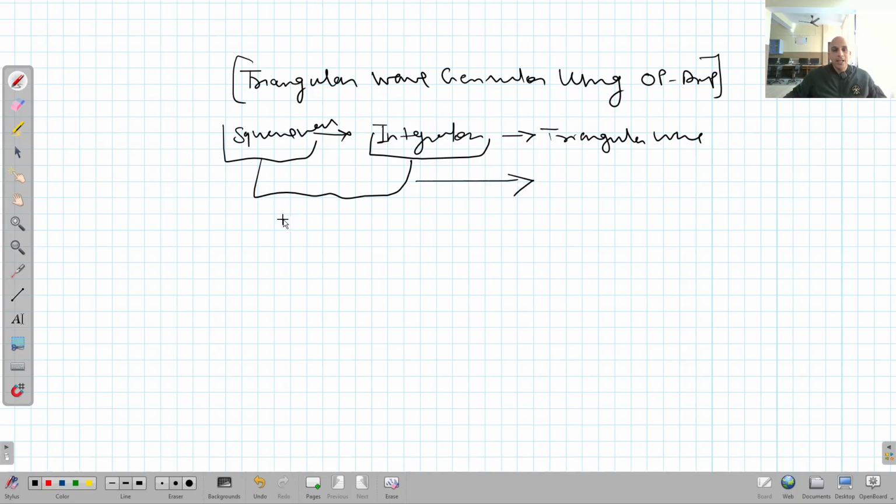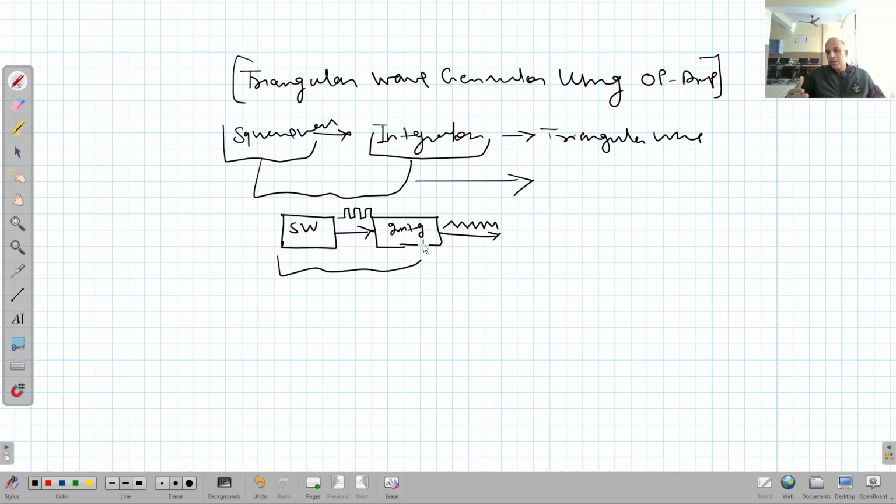First of all, I connect a square wave generator, and its output is given as an input to the integrator. At the output of the integrator, we will get a triangular wave. So this is one method of designing this triangular wave generator using operational amplifier. In this way, we can produce triangular waves of the desired frequency.